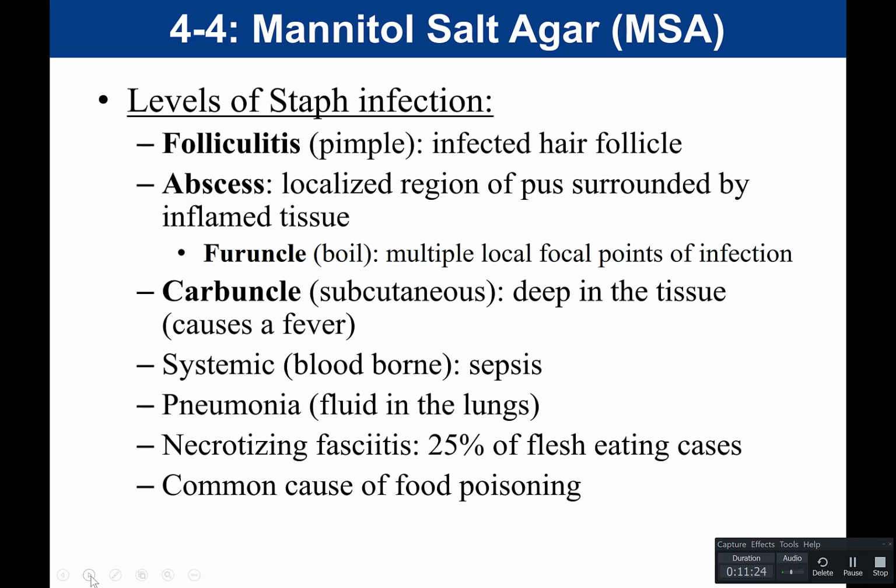It could be systemic, might cause sepsis. Staph aureus can cause pneumonia, which is a buildup of fluid in the lungs, necrotizing fasciitis or flesh-eating disease, and it's also a common cause of food poisoning. And so you just want to have an idea of the types of diseases that are linked to Staph aureus.